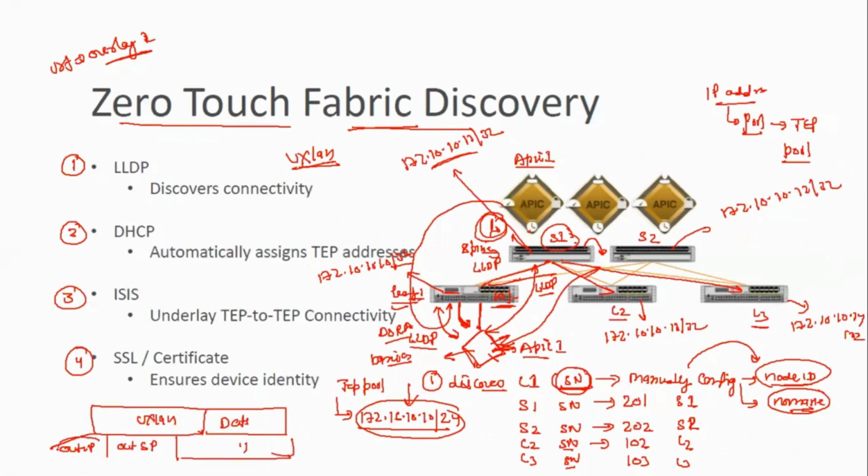And what are your outer source IP and outer destination IP? If my source is on leaf 1 and my destination is on leaf 3, my source IP will be the TEP IP address of leaf 1 and my destination IP will be the TEP IP of leaf 3, because your actual data traffic is encapsulated in the VXLAN. Now you got my point, right?